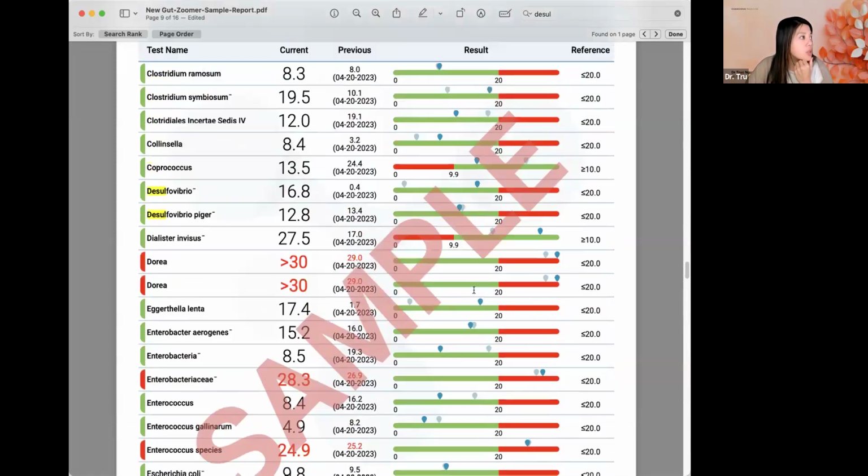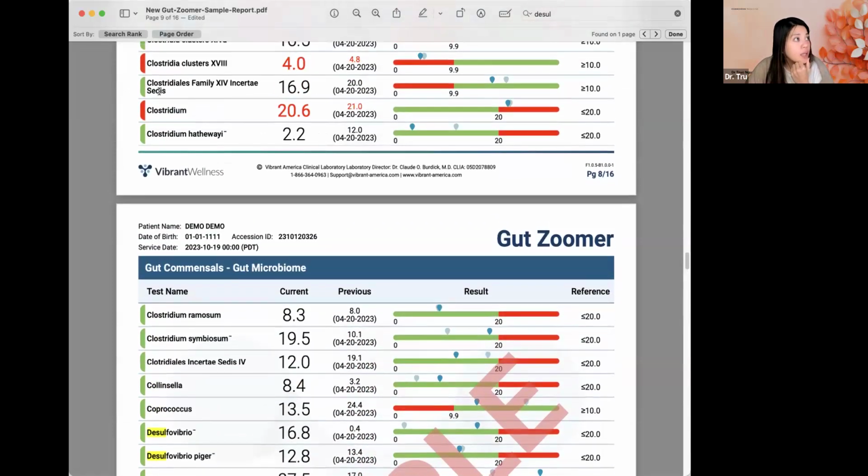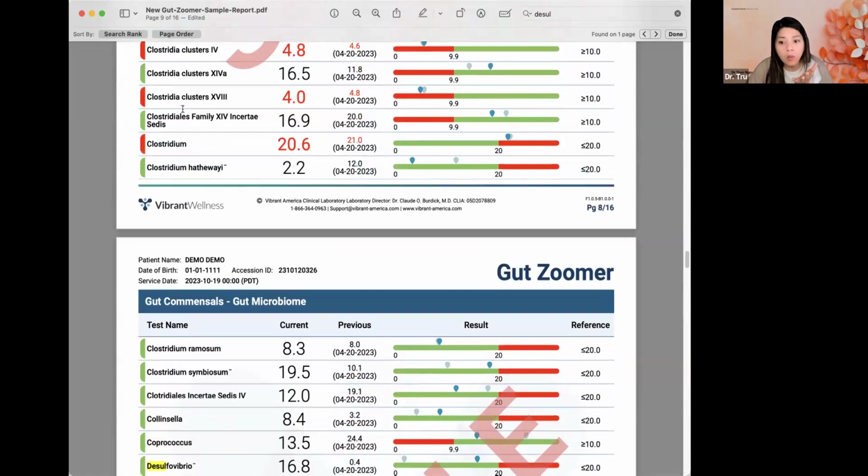So let me go back to what you see up here. If you see Clostridia, that's the beneficial one, and the ones that I mentioned earlier, Faecalibacterium, Roseburia, and Eubacterium are the good ones. But Clostridium is a subgroup. Think of them as under Clostridia. These guys are no good.